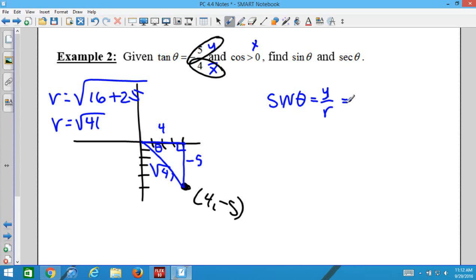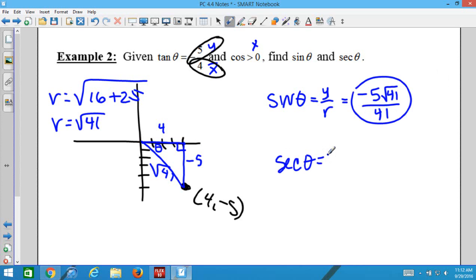So our sine is going to be y, which is -5, divided by the square root of 41, but I'm thinking ahead. Since I'm dividing by the radical, I'm going to rationalize it: -5 square root of 41 over 41. Okay? Then we're going to do our secant. And our secant is which one flipped?